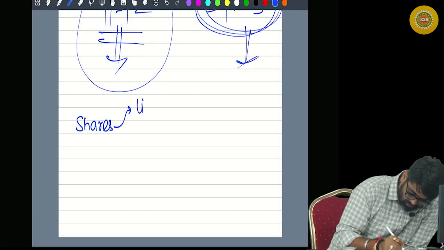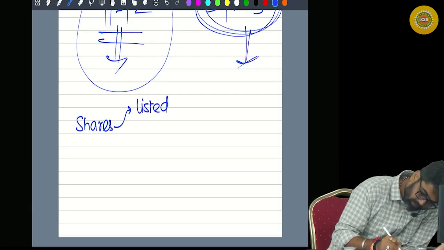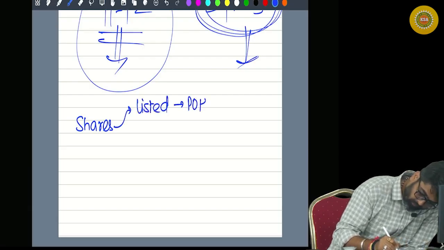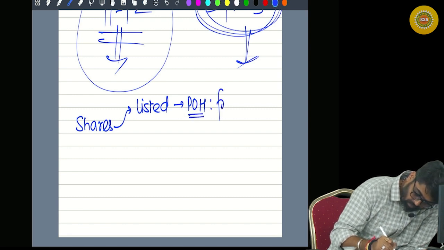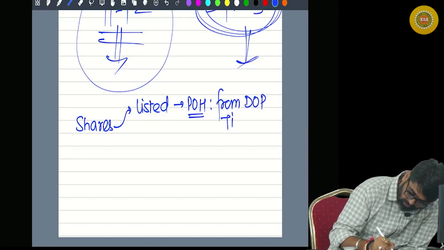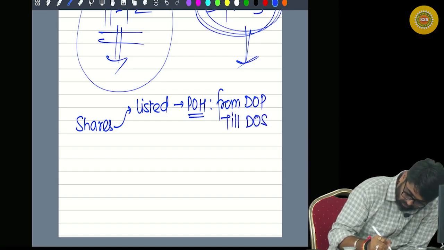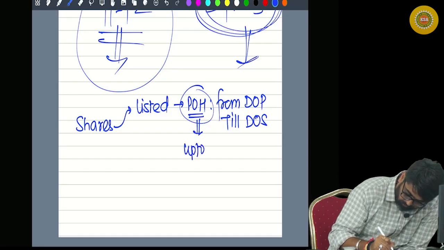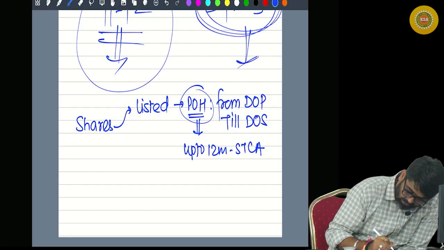are listed. Period of holding: from date of purchase till date of sale. If this period of holding is up to 12 months, it is a short-term capital asset.